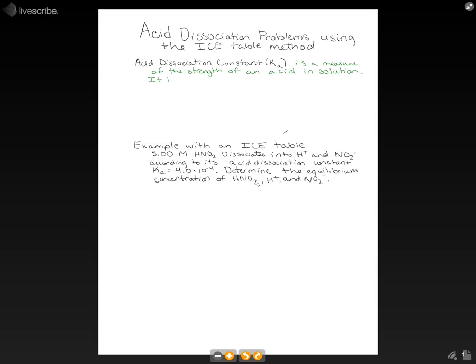It is the equilibrium constant for an acid dissociation reaction.